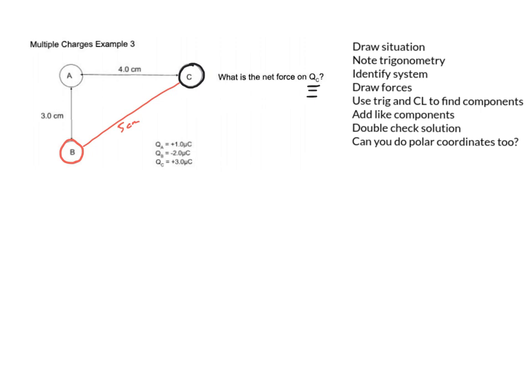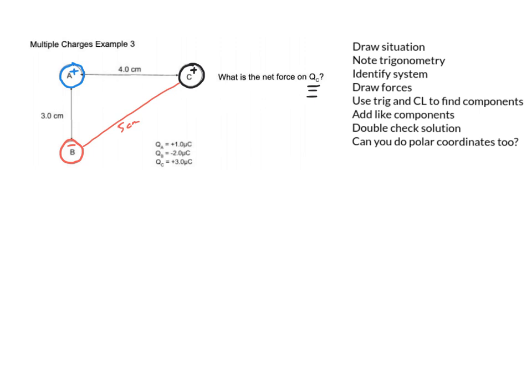And I'm going to also note my positives and negatives. Positives for C, negative for B, and positive for A. All right.